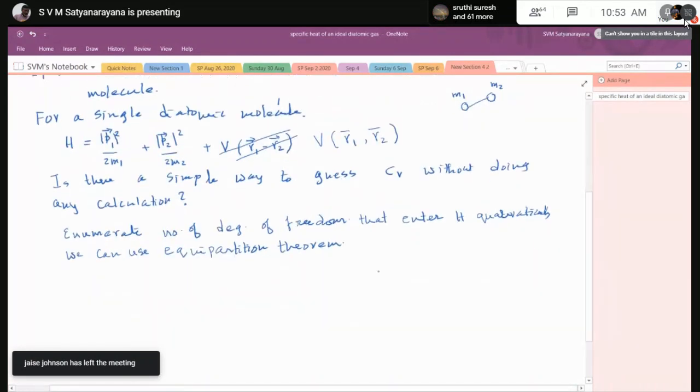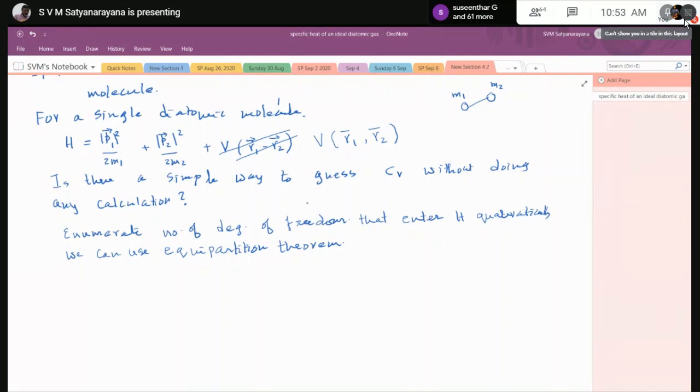Now you see that P1 square will have three quadratic terms, that is the x component of P1, the y component of P1 and the z component of P1. Similarly, P2 square will also have three components. So totally how many components are there?